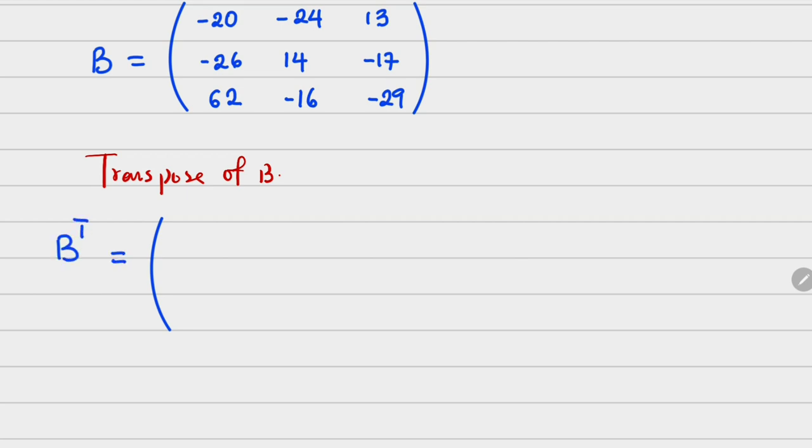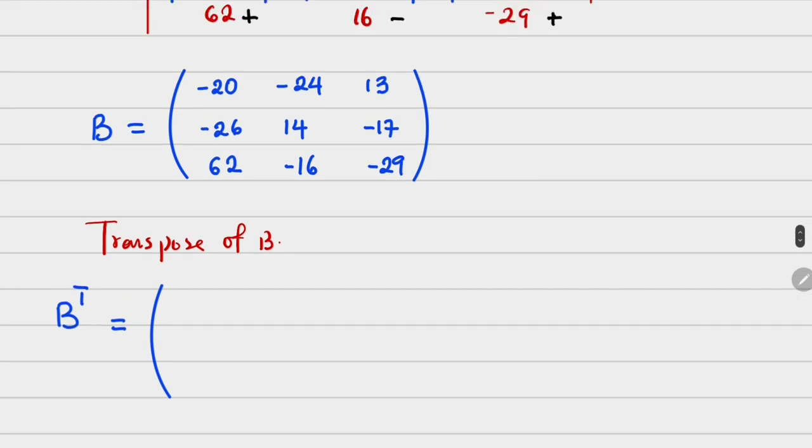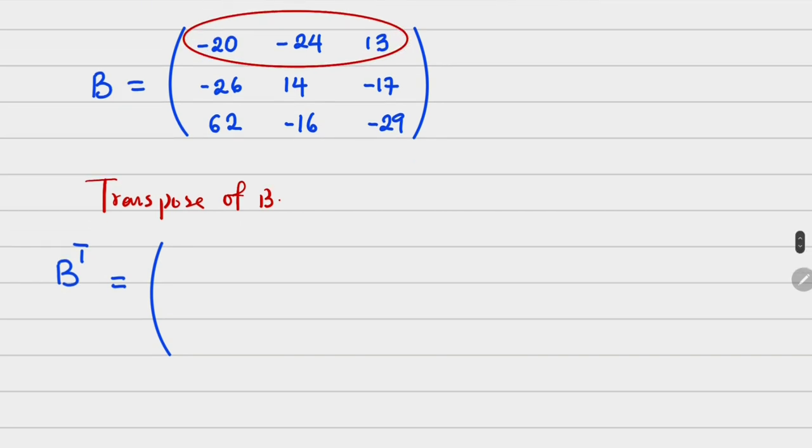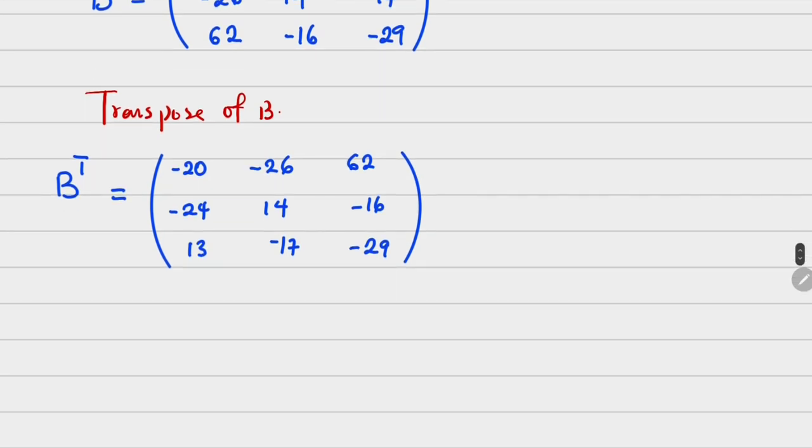It's just a matter of changing the rows of B to columns. Instead, I'm going to have minus 20, then minus 24, and 13. I'll do the second line too, which is going to be minus 26, 14, and minus 17. Then the last one will be 62, minus 16, then minus 29. This is what I have as my transpose of B.